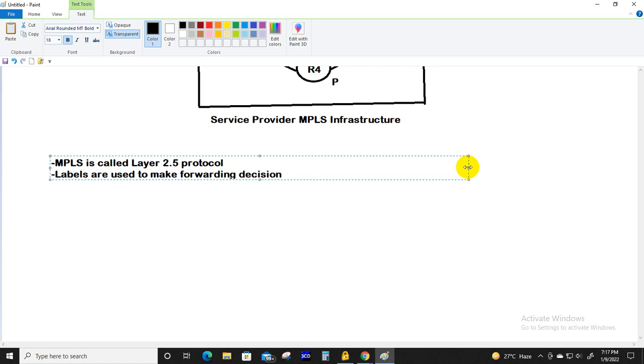In case of MPLS, not the destination IP, only labels are used to make forwarding decision.